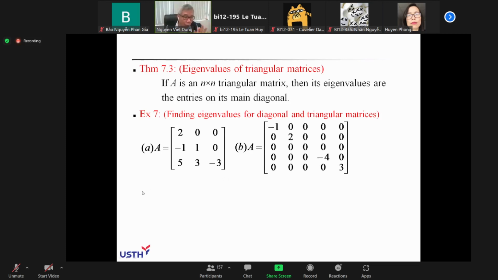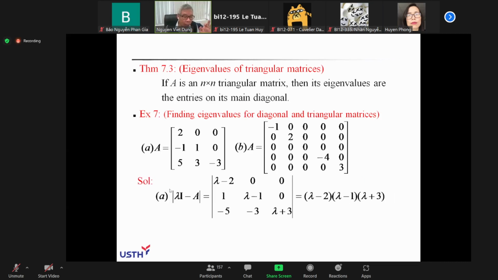Now we can consider only the case A. Then the determinant of lambda I minus A will be the determinant of that matrix. That matrix is still a diagonal matrix with entries like that. Then its determinant equals the product of all entries lying on the main diagonal. So we get that one.